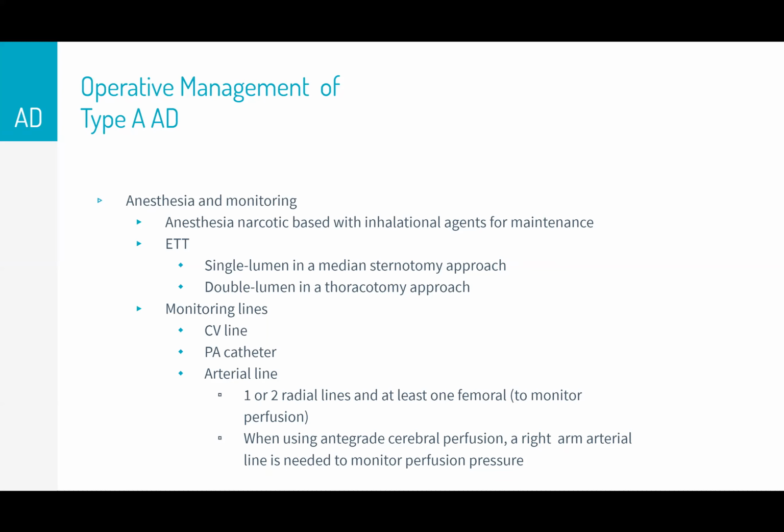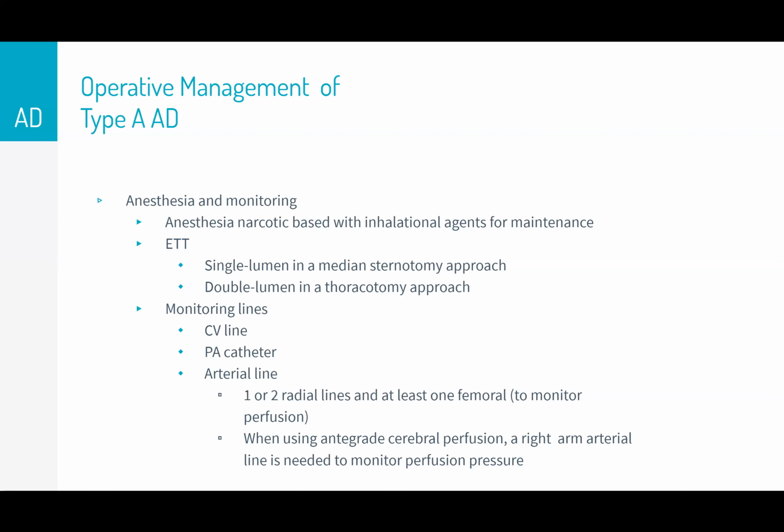The monitoring lines usually needed are a central venous line, pulmonary artery catheter, and arterial line, either one or two radial, and at least one femoral, to monitor the perfusion in the lower and upper limb. And if you plan to use antegrade cerebral perfusion, you will need a right radial arterial line to monitor the perfusion pressure.